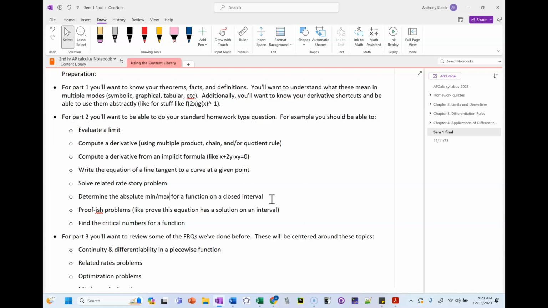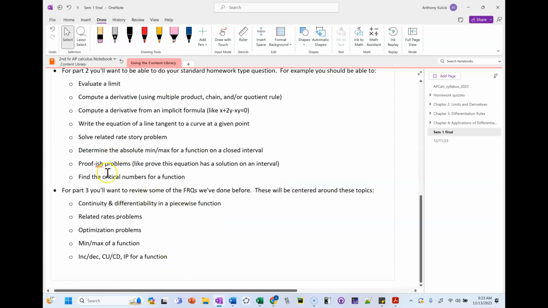So if you're talking about finding the critical numbers as a question, probably a point for doing the derivative correctly, a point for setting it equal to 0 and solving, and then a point for if there are some there, and maybe it's 2 points for the 0 and solving, depending on how difficult that solving was.